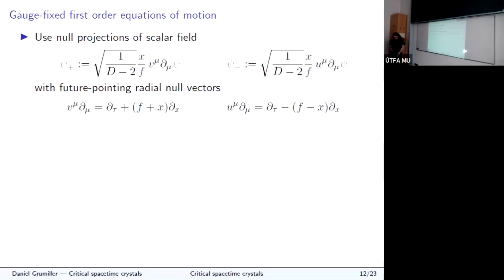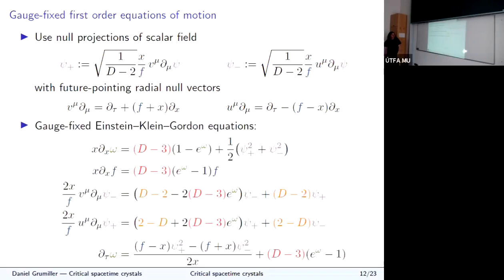Before I show you the equations of motion, let me introduce the null projections of the scalar field. We define these future pointing radial null vectors, v and u, and project the first derivative of the scalar field with respect to them. This defines first order fields ψ+ and ψ-, and then the gauge fixed Einstein-Klein-Gordon equations state the following.